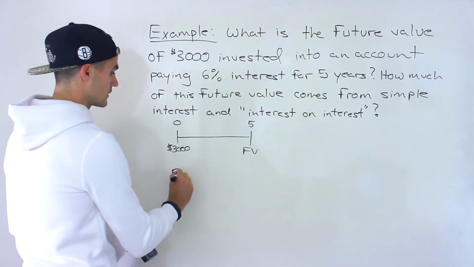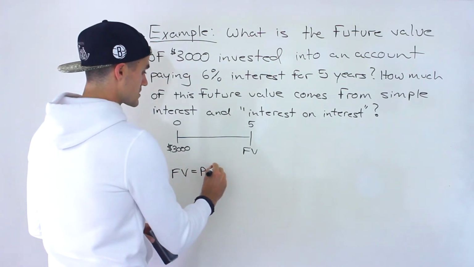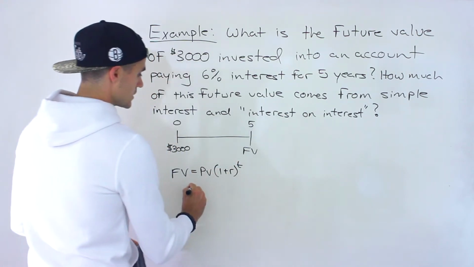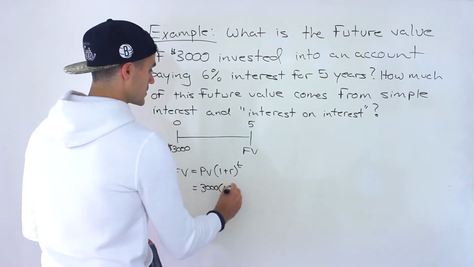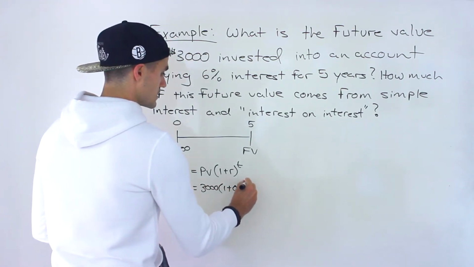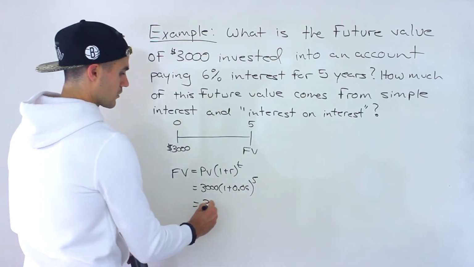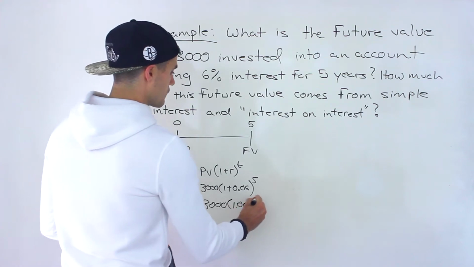So algebraically, we know future value is equal to PV, the present value, times 1 plus R to the power of t. So 3,000 is the PV, that's how much we're investing, 1 plus the interest rate, 6% in decimals, to the power of 5. So this would be 3,000 times 1.06 to the power of 5.